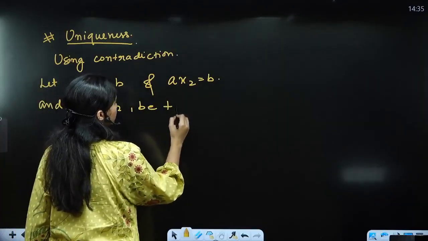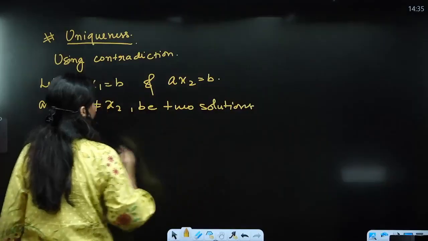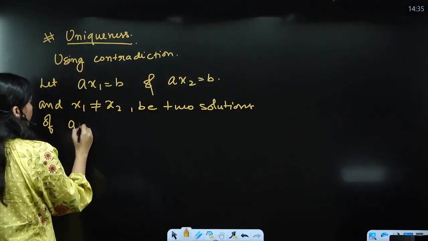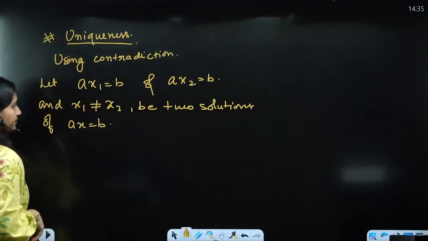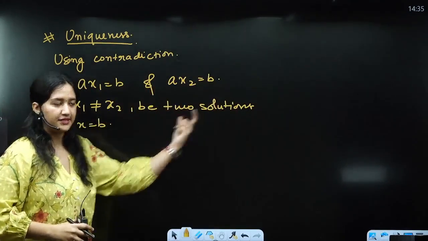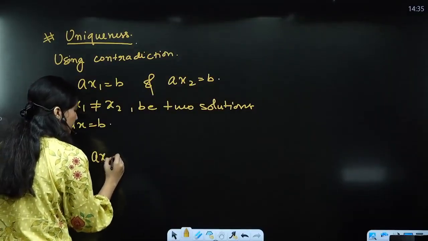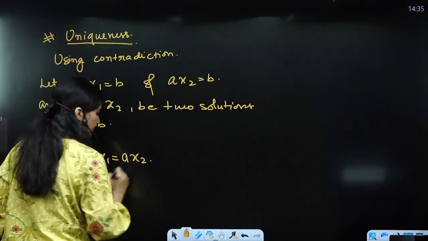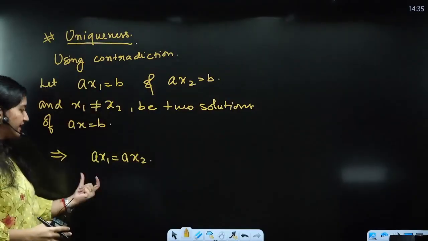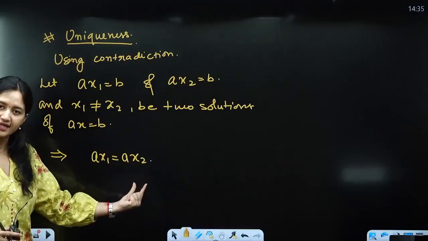So x1 and x2 are two solutions of Ax equals B, right? Now if Ax1 equals B and Ax2 is also equal to B, can I write Ax1 equals Ax2, right? And now since left cancellation law holds in a group, A and A are going to get cancelled out.